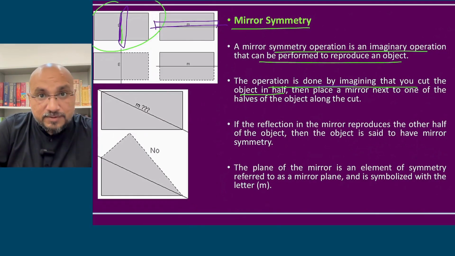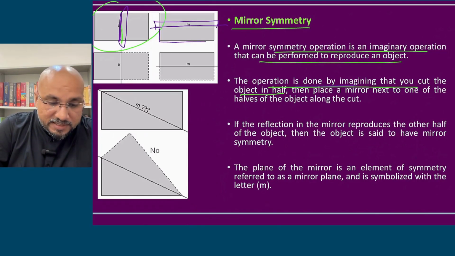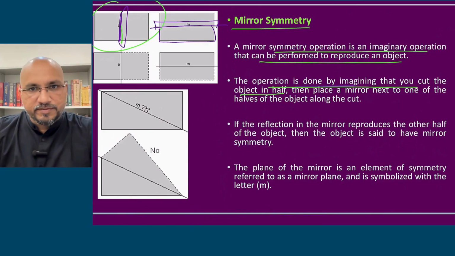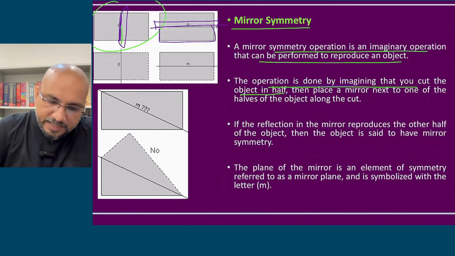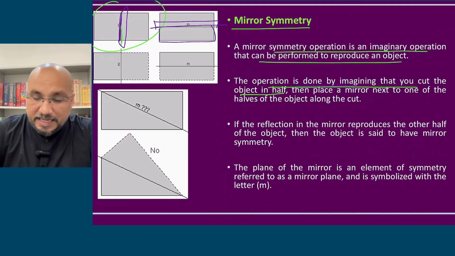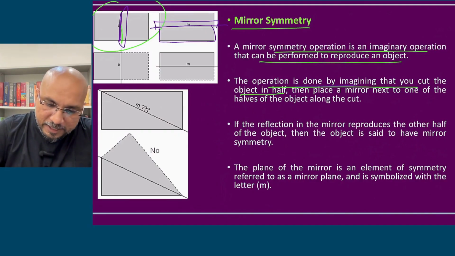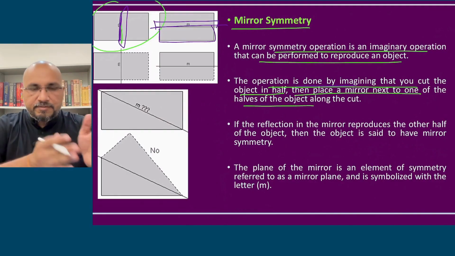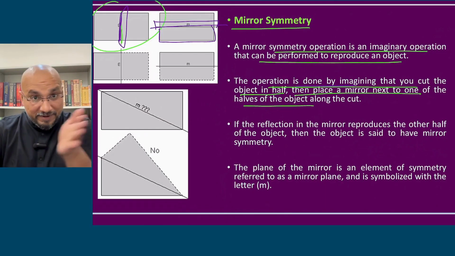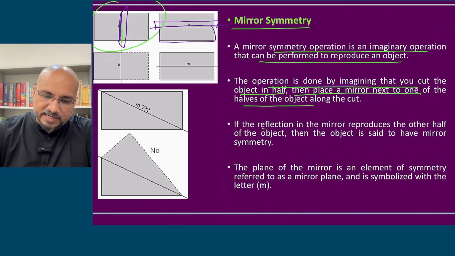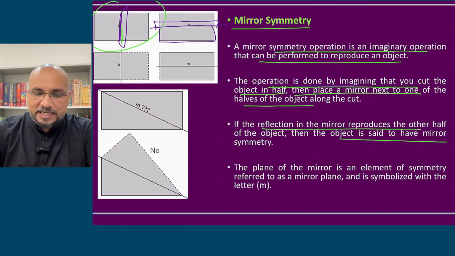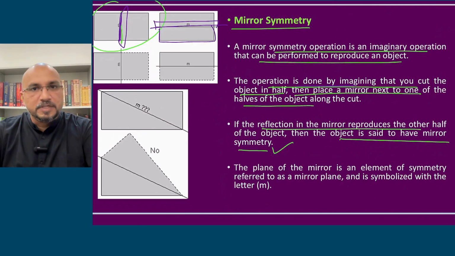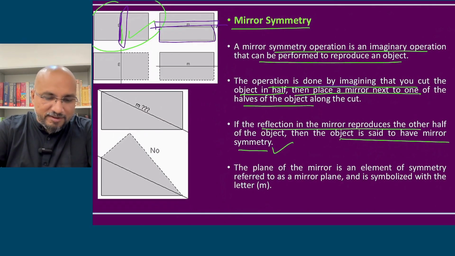The image formed in the mirror should complete the rest of the half. So the operation is done by imagining that you cut an object in half, then place a mirror next to the one half that is present. If the reflection in the mirror reproduces the other half, then the object is said to have mirror symmetry. So in these cases you have mirror symmetry.